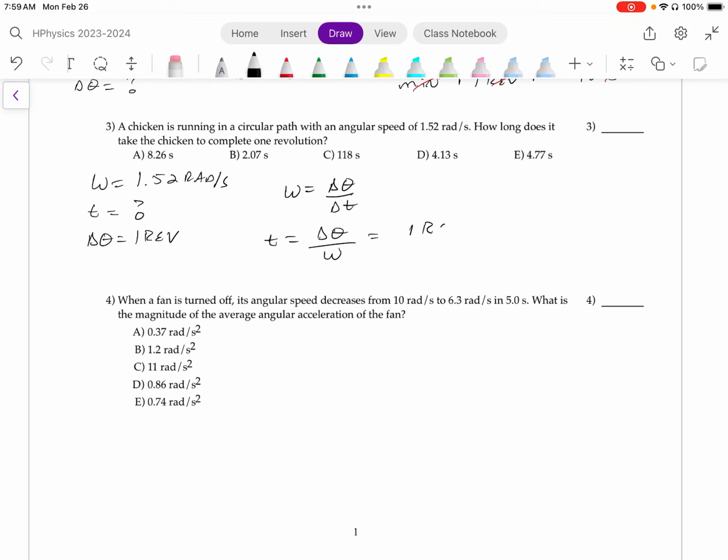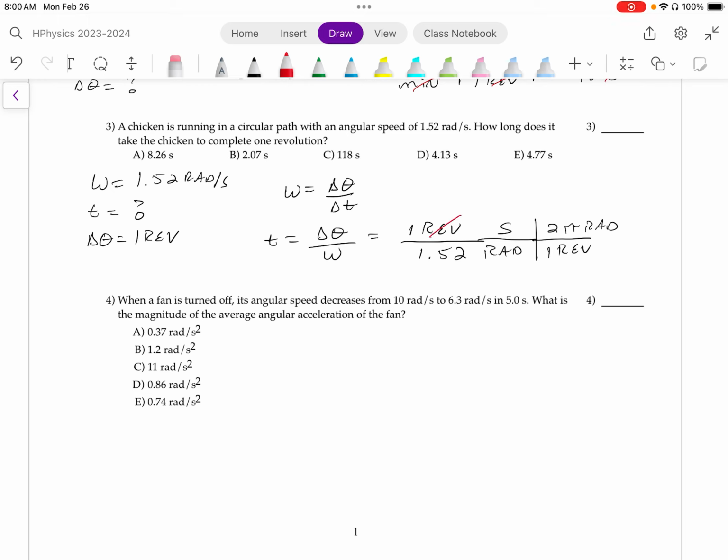So let's go ahead and put in what we know. We have 1 rev divided by its angular speed, which is 1.52 radians per second, so a second goes up top. And now I need to convert the revs to radians. So 1 rev is equal to 2 pi radians.